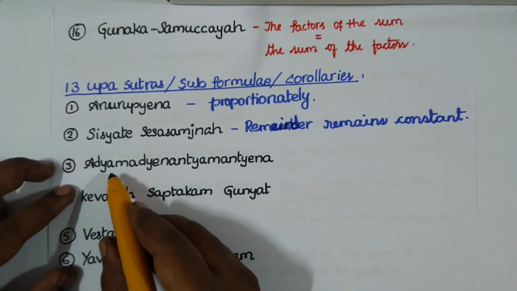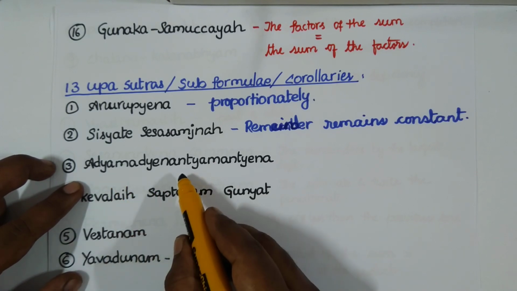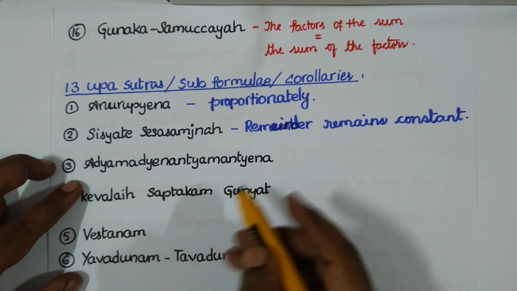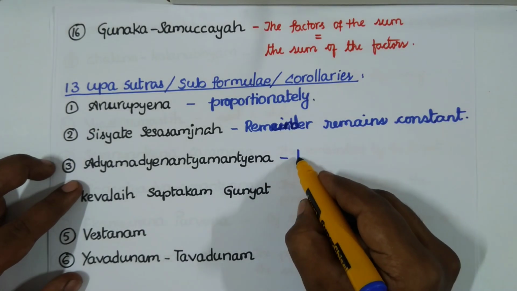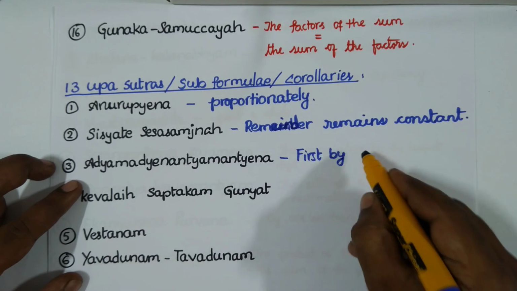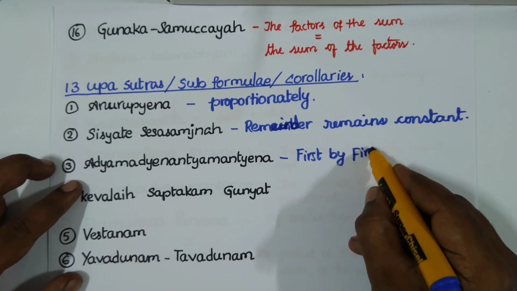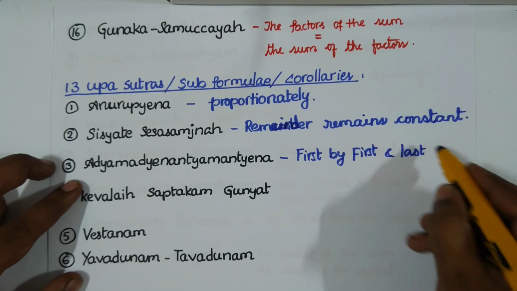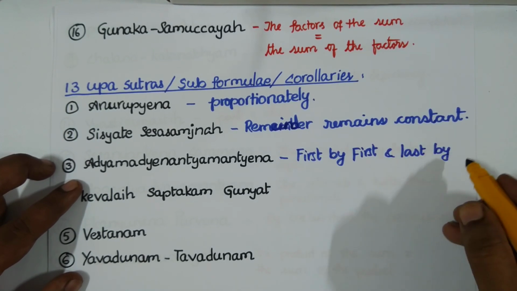Now the third one is Adya Madhye Nantya Mantyena. Adya Madhye Nantya Mantyena. This is interesting again. First by first and last by last. Again magic.